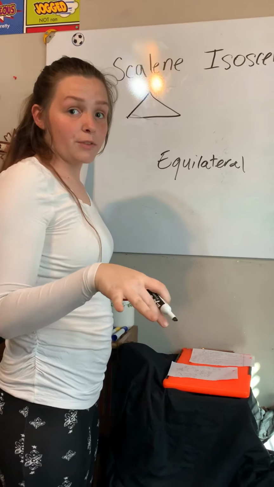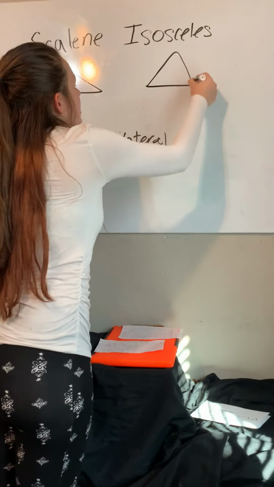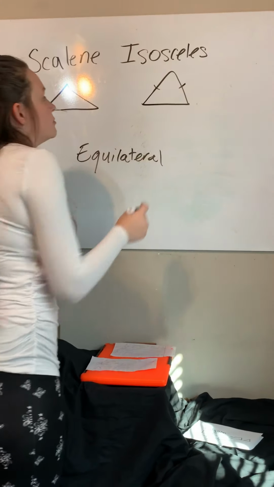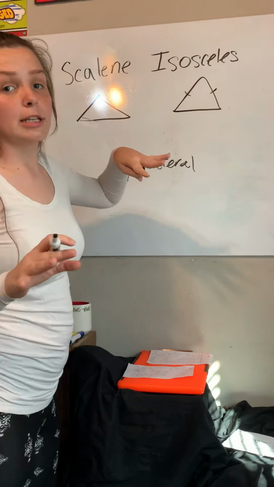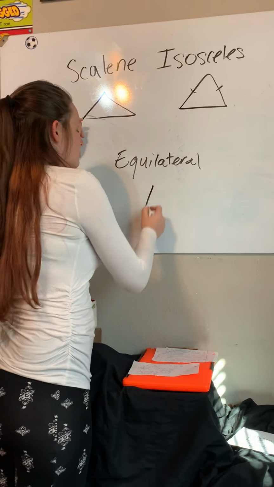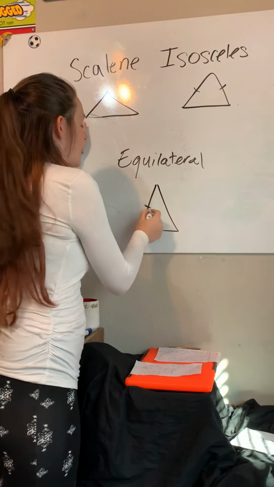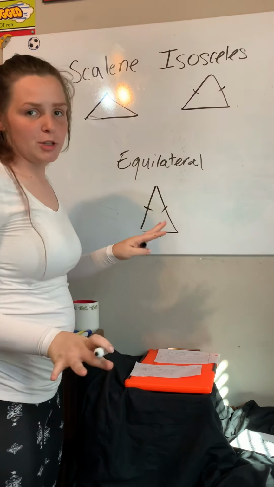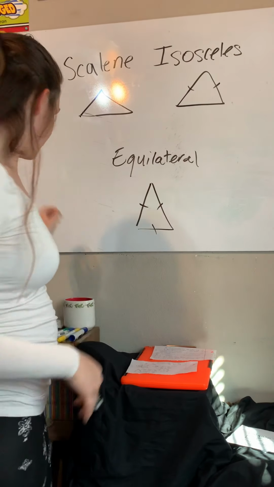And how you can identify equal sides is, in geometry, they identify them with hash marks. So this will mean that these two sides are the same. An equilateral is equal, so that means it might not be drawn to scale, but it would look like this. All of them are the same. And these are the three different types of triangles you can have.